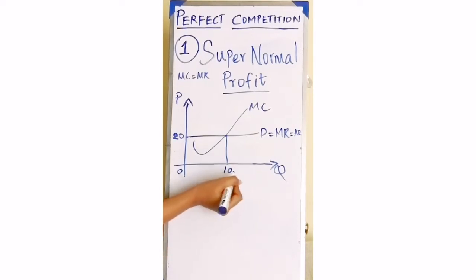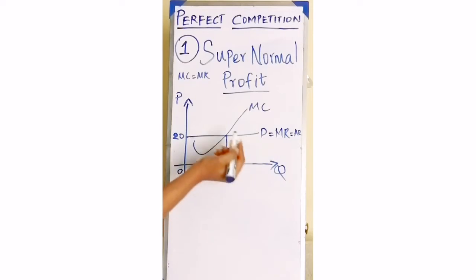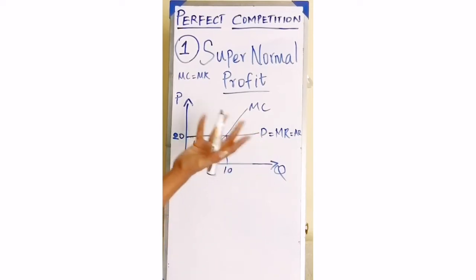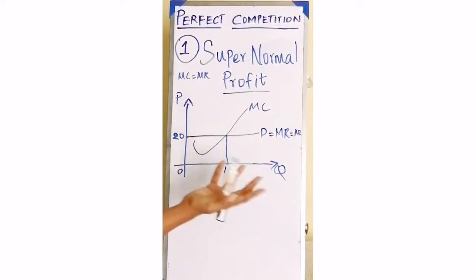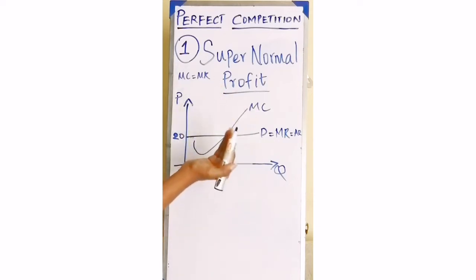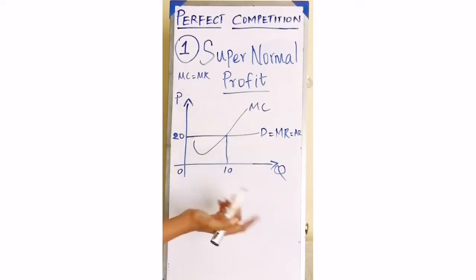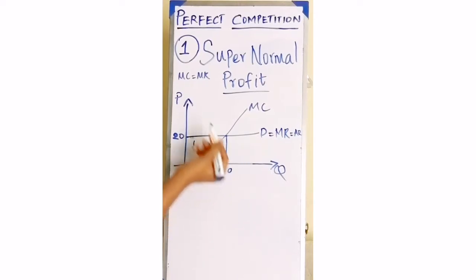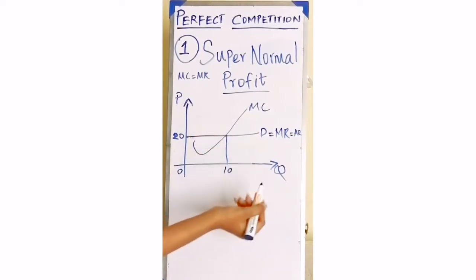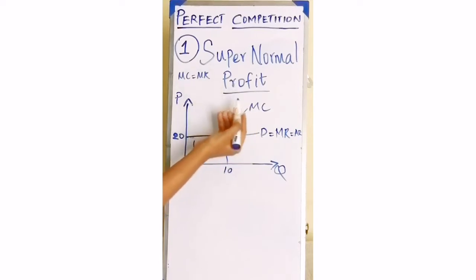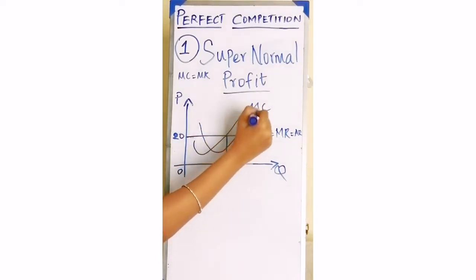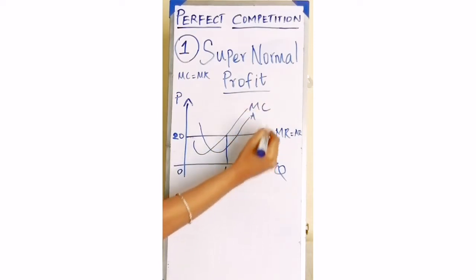The number of units sold at 10 is where this particular firm will get the highest amount of profit. He can maximize his profit. But we cannot find the profit without knowing the total cost. So next we are going to draw the average total cost curve. In the situation of supernormal profit, the average total cost curve comes somewhere below the demand curve.